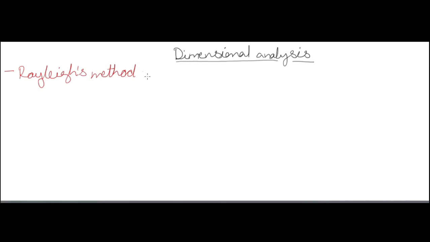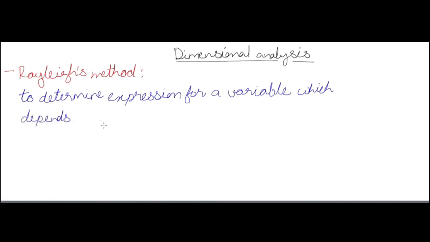Okay, let's start the topic with dimensional analysis. Dimensional analysis starts with the topic Rayleigh's method. Rayleigh's method is the method to find the dimension of a variable that depends on a maximum of 3 to 4 variables.